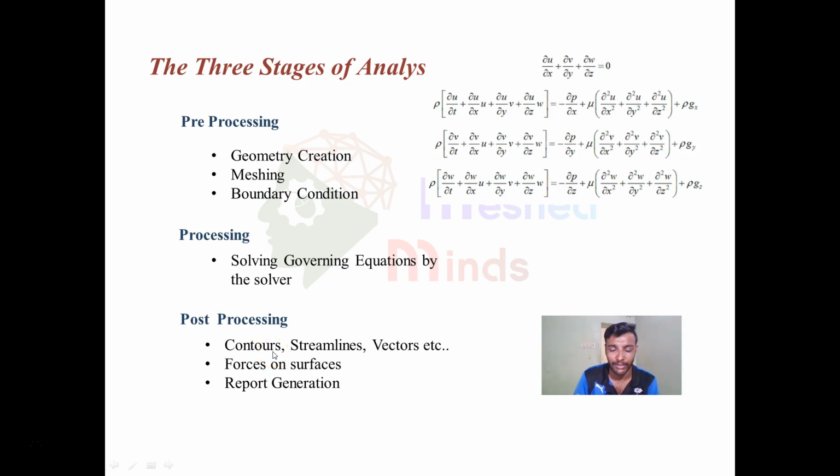So you will be given what is the force at some discrete point, what is the drag, or what is the lift at a particular point on your body, and things like that. So this is basically nothing but report generation. So you start with creating the geometry and meshing it, and then giving the boundary conditions, and then throwing it to the solver to solve the equations, and then you get the report.